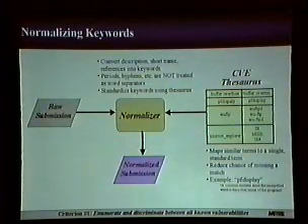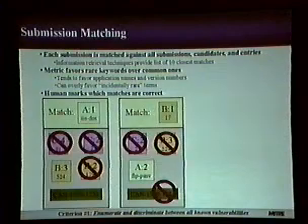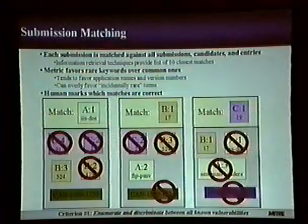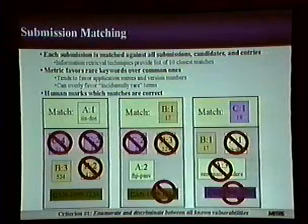Once we've done that, we have our normalized submission that has these standard keywords. We then perform what's called submission matching. Each submission that we're dealing with, we match against the space of all other submissions, the other CVE candidates and entries, other CVE items themselves, and we do some basic information retrieval stuff, weighted sums that basically favor keywords that are more rare.